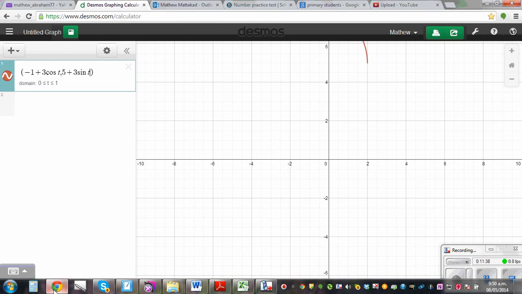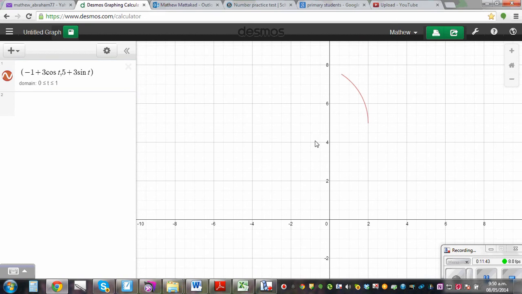Okay, now here the domain, so you have to change the domain. It has drawn if t is between 0 and 1, that is t in radians. If you change the domain, t is the angle, and t is in radians here.